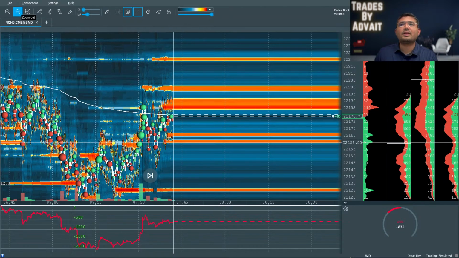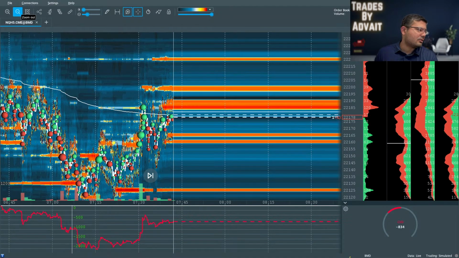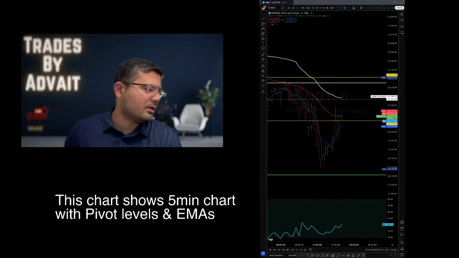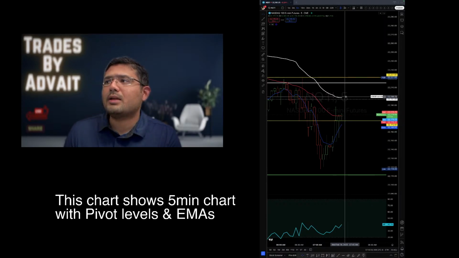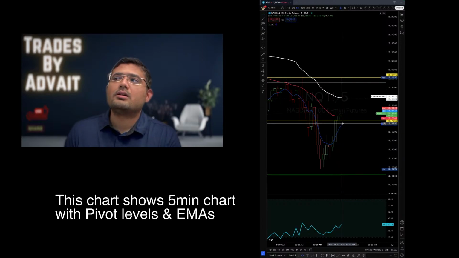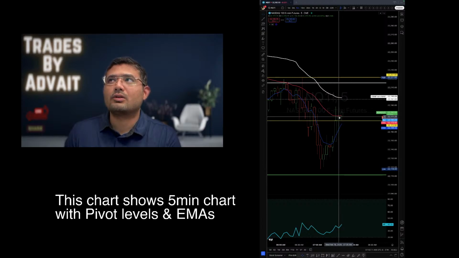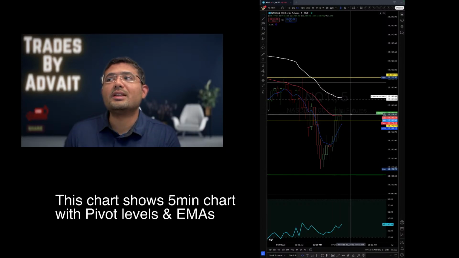So we'll see. And also you can see over here that for the price to go up, I would say wait till the blue line crosses over the red line, that is the 5-day EMA crosses over the 26-day EMA, because that crossover needs to happen.